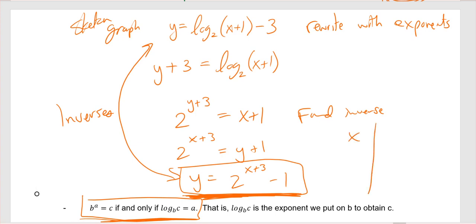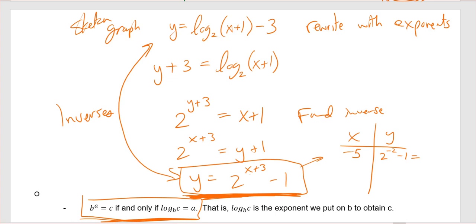So if we want to pick out numbers here for this, we'd probably want to stick around where this is going to be either -2, -1, 0, 1, or 2. So we can be kind of savvy with the way we pick our numbers here. So let's pick -5, and then that would give us 2 to the -5 plus 3, so that's -2, minus 1.